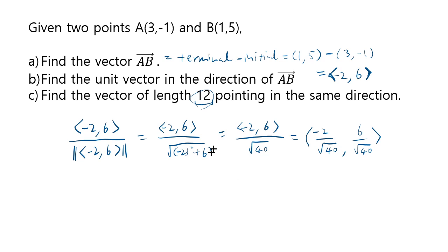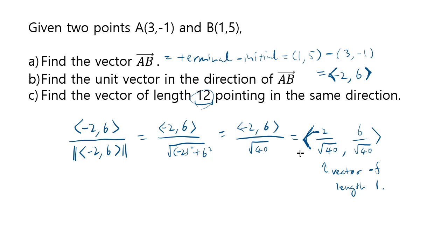And if you want, so this is a unit vector, okay? This is a unit vector, a size 1 vector. So this is a vector of length 1. Its magnitude is 1.